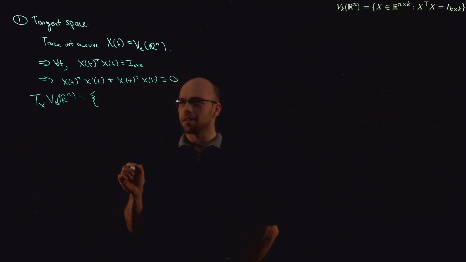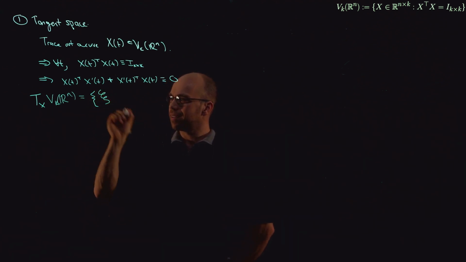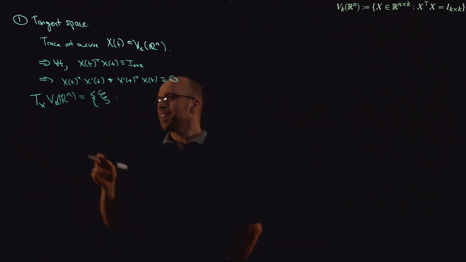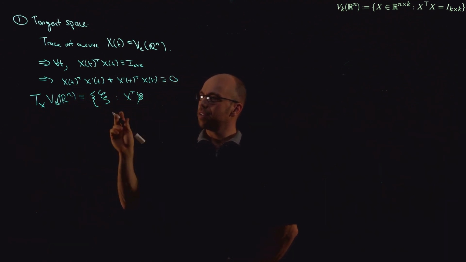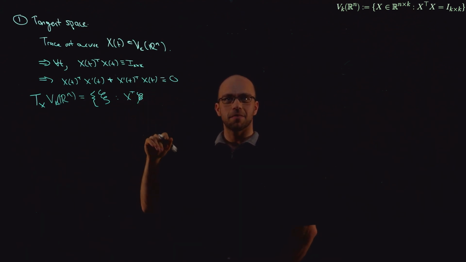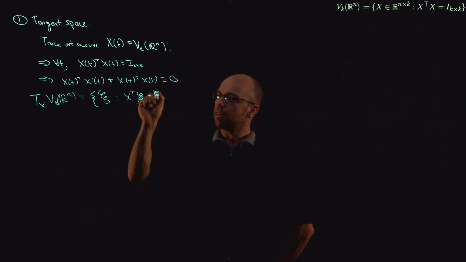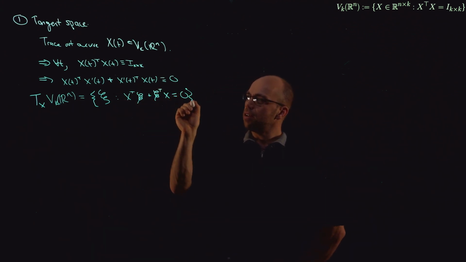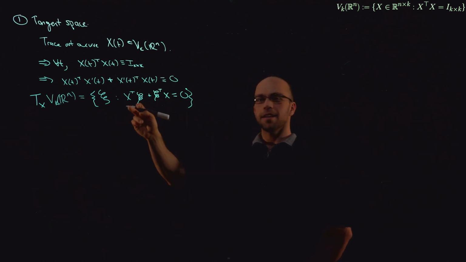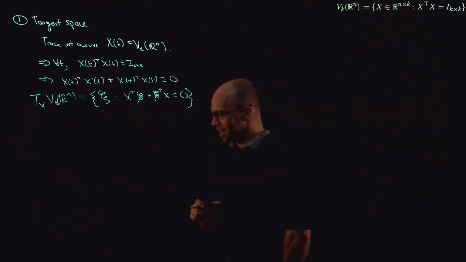I'm going to use a Greek letter that I can never draw: Xi, with the property that X transpose Xi, for me, Xi is basically a big pile of squiggles. We're just going to roll with that today. Plus Xi transpose X is equal to 0. And notice that this is a linear condition on Xi, which makes sense, right? Because you want the tangent space to be linear for a manifold.